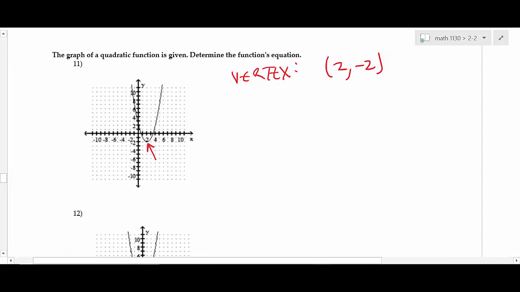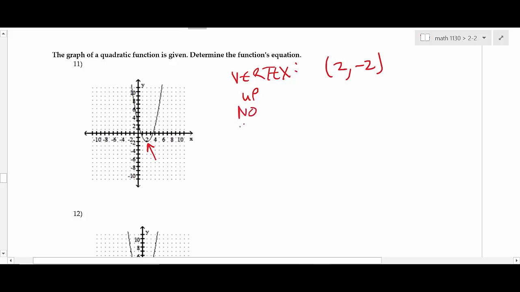So what we would do then, it's opening up. And the other thing is you want to make sure that there's no stretch or shrink. Remember on the vertex, if you go over 1, up 1, then that means there's no stretch or shrink. Or if you go over 1, 2, 1, 2, 3, 4, see how those points are there? That means there's no stretch or shrink. You can figure that out by counting.